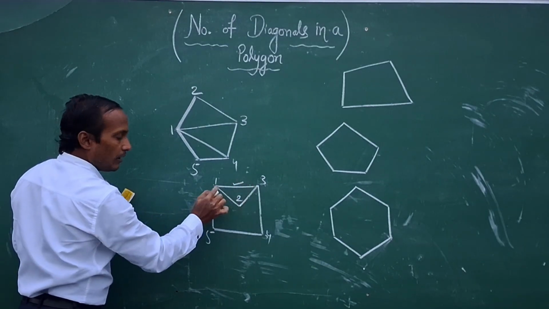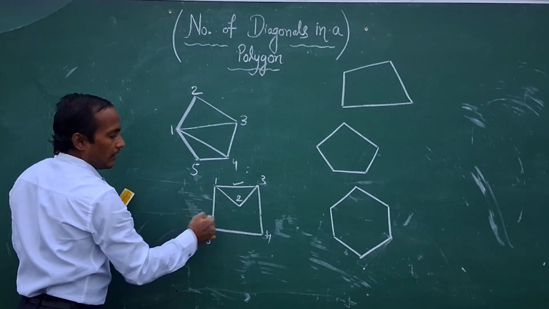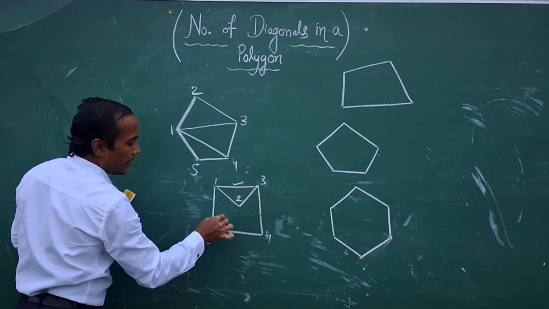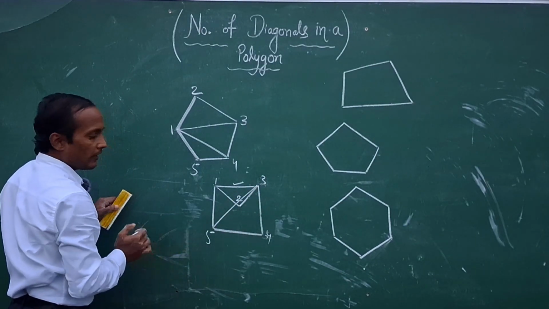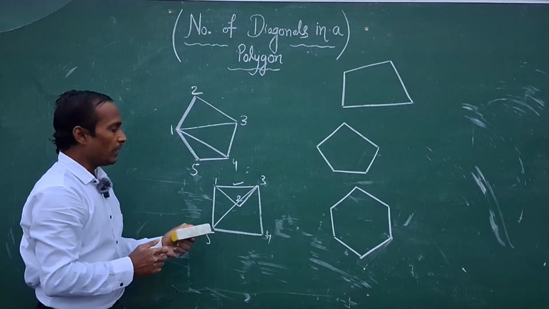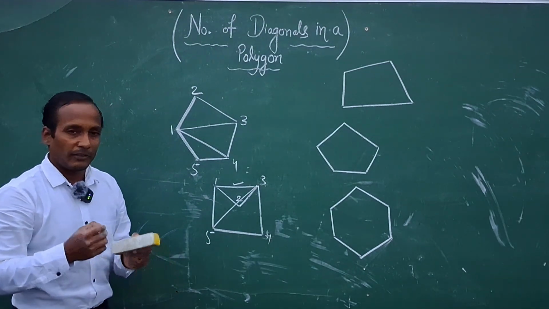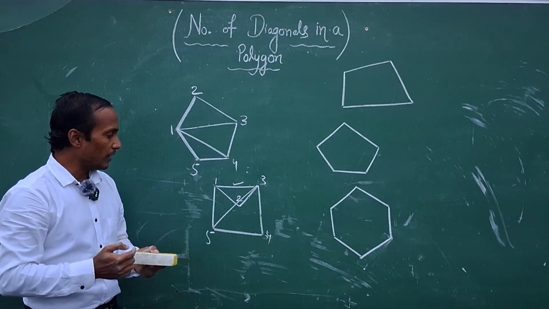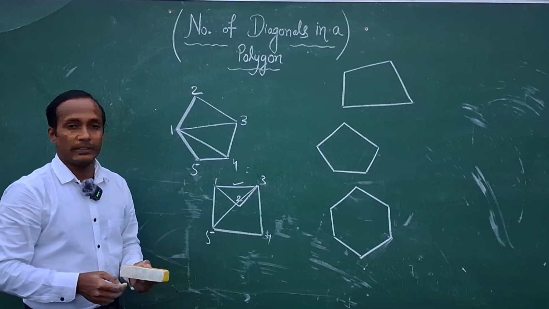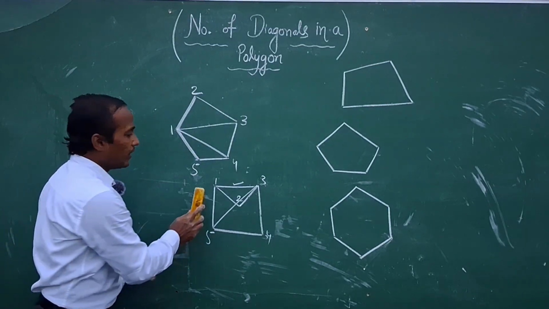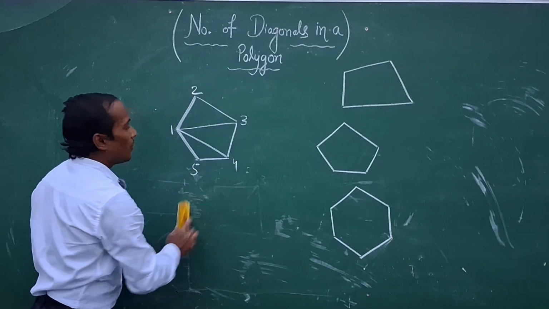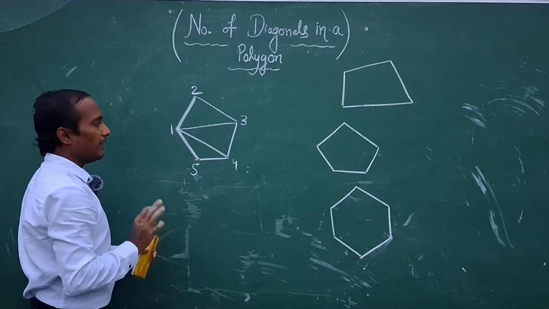So this is a diagonal and it is coming outside. If I join 3 and 5, this may be partially outside and partially inside. So in case of concave polygon, the diagonals may be partially inside or outside or completely outside. Is that clear? But here this is a convex polygon. In convex polygon, we will have all the diagonals inside the polygon.